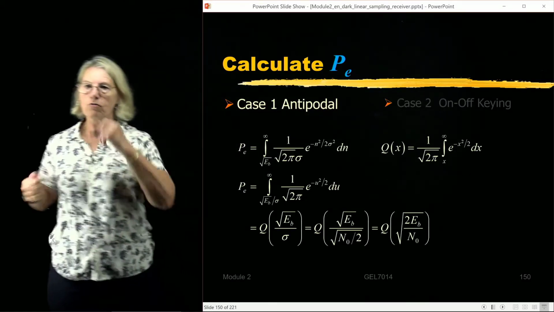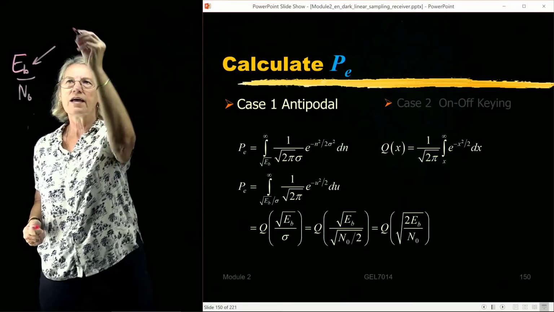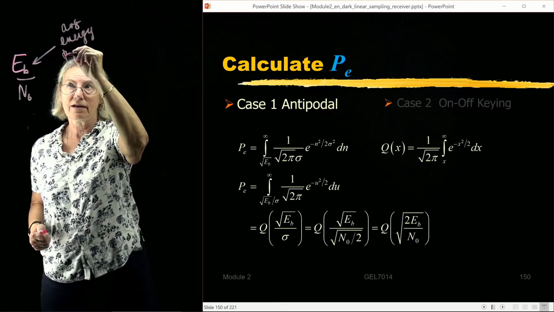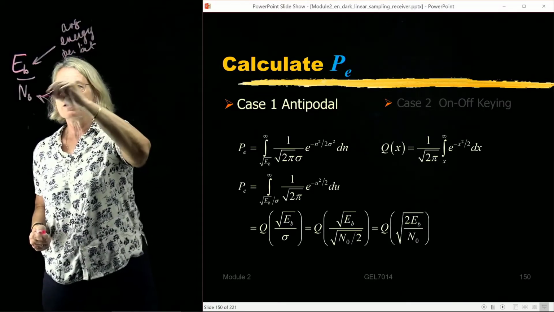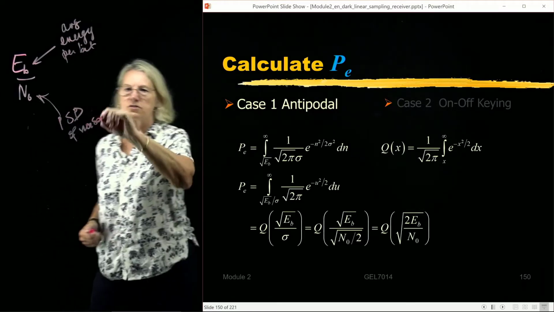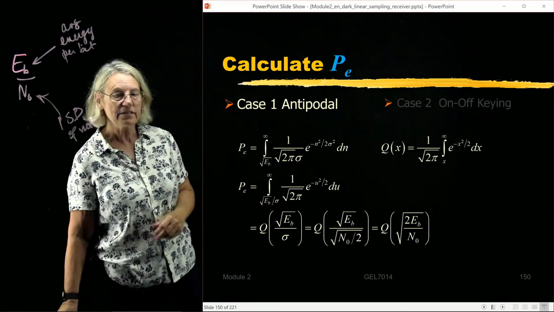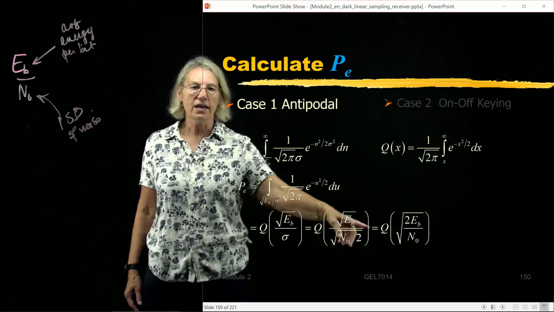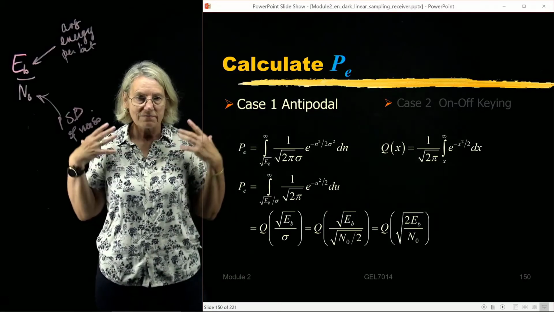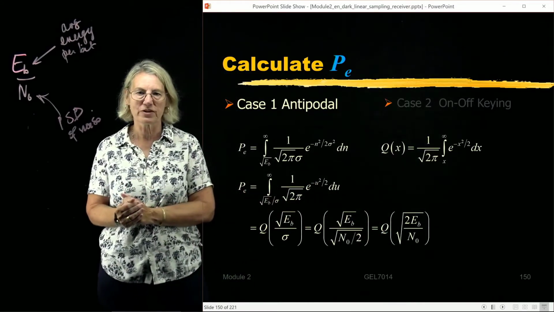And EB over n0, this is the average energy per bit, and this is the power spectral density of the noise. So clearly this is a type of signal to noise ratio. So finally, the probability of error is a Q function of a square root of a signal to noise ratio, and we have a factor of 2 here in this signal to noise ratio.